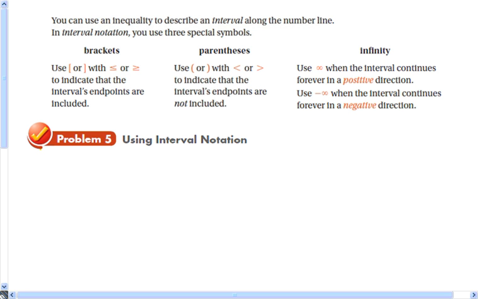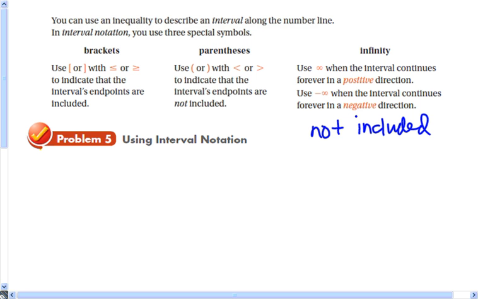So brackets mean they are included. Parentheses or arrows mean not included. For infinity, we're going to use sideways 8. For negative infinity, we'll just put a negative in front of that. And one thing you should know is that infinities are not included, since it really isn't a number.